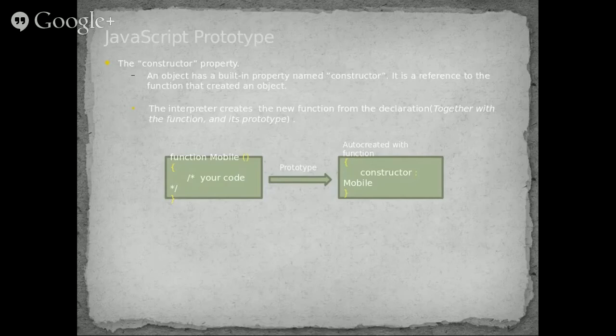This is a very simple sample of a mobile class, and I have just a function declaration. I have created two objects here, phone1 and phone2, and we are just watching what phone1 contains.